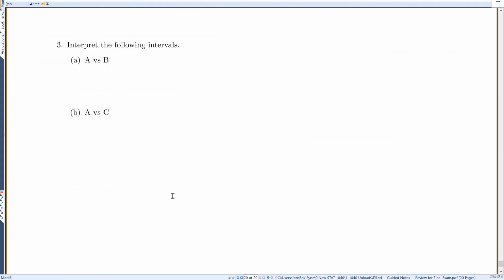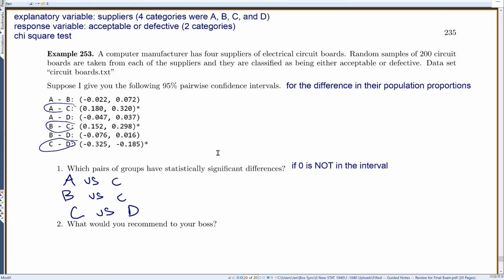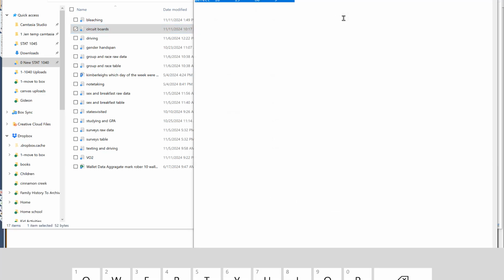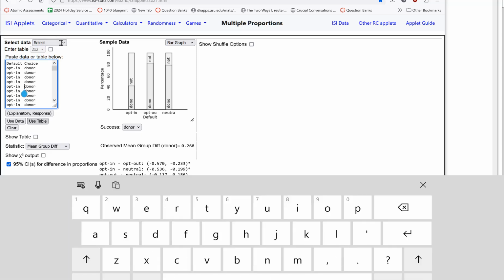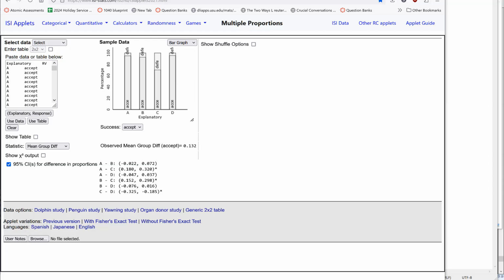I told you to think about which one you would recommend to your boss, but I wanted to show you the actual plot. I'll add the actual plot to your notes before you take it. Let me find the data set. We want our circuit boards, and I'm going to copy all of that data. I come to my applet, clear that, and click Use Table. Here's my bar graph, and our success was that they were acceptable.